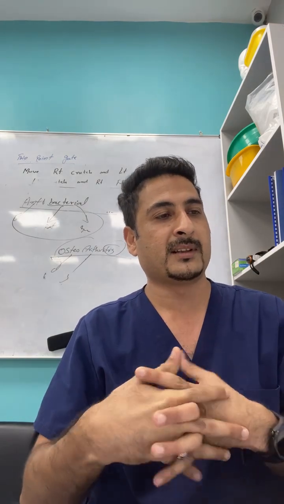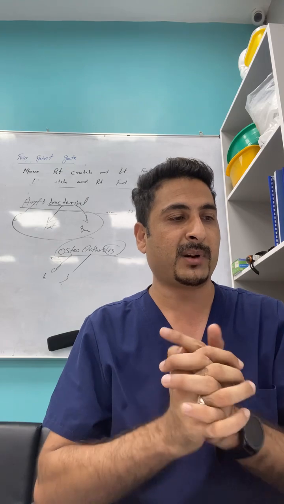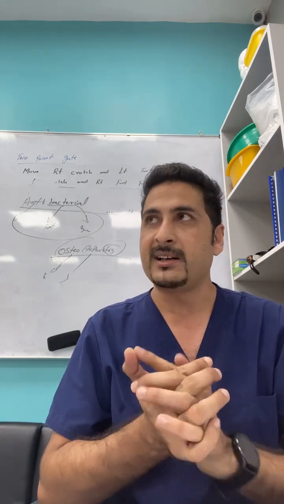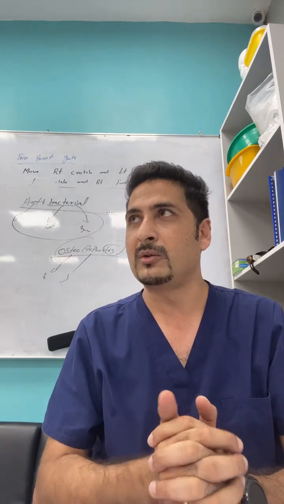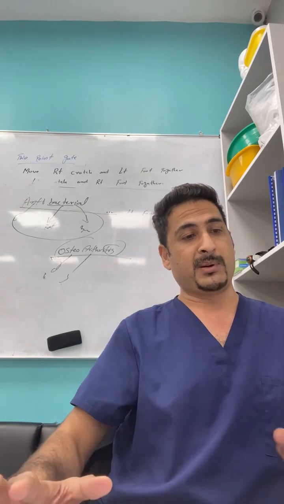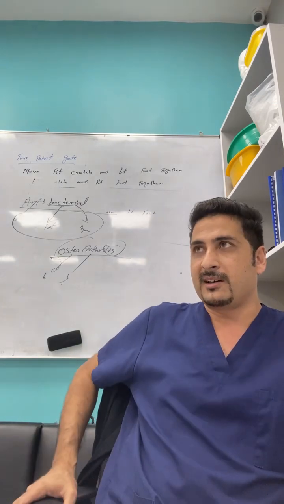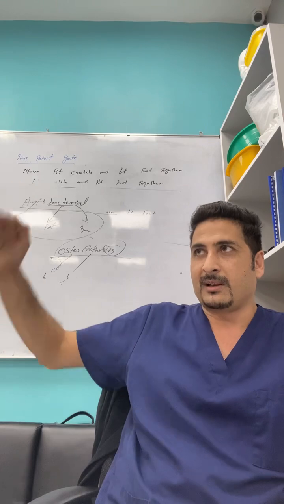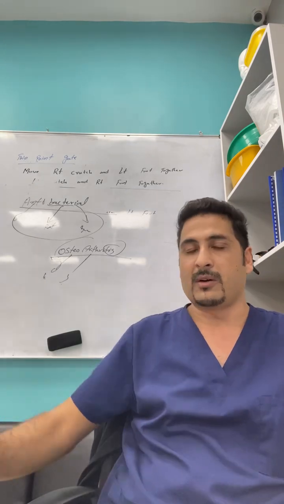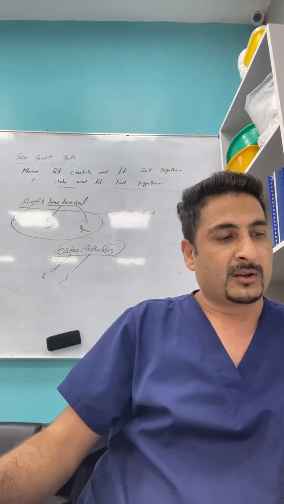And there are a few prefixes and suffixes. Anti means against. Brady means slow. Tachy means fast. Epi means above. Hyper, you already know, means excessive, more than normal. And hypo means low, lower than normal.